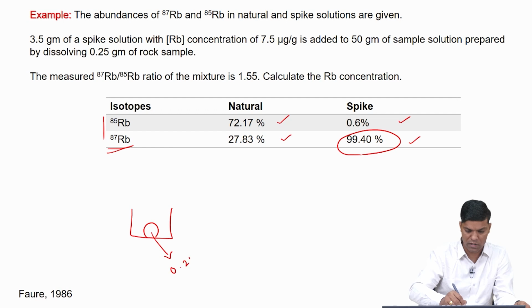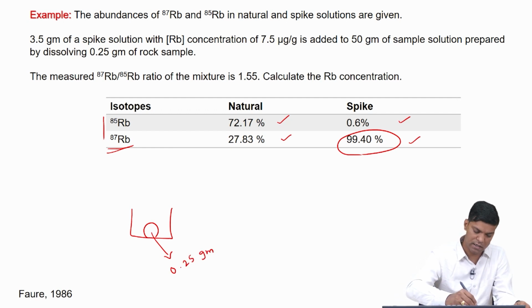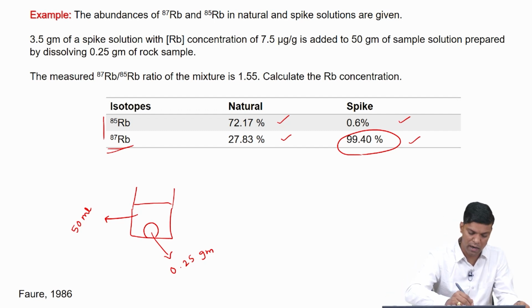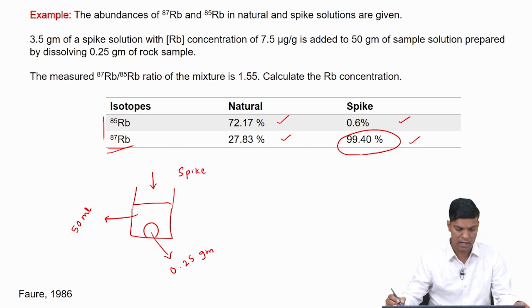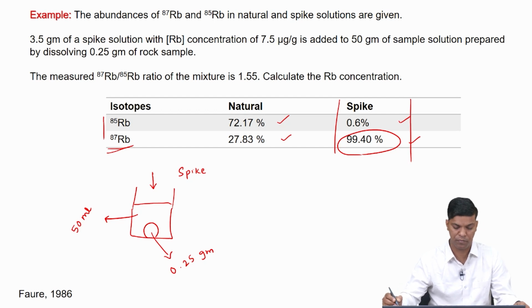Now, what is done here is that you took 0.25 gram of your sample, dissolved it, and created a solution of 50 ml. In that you added a spike, and the spike abundance of course is given, this is the isotopic abundance.